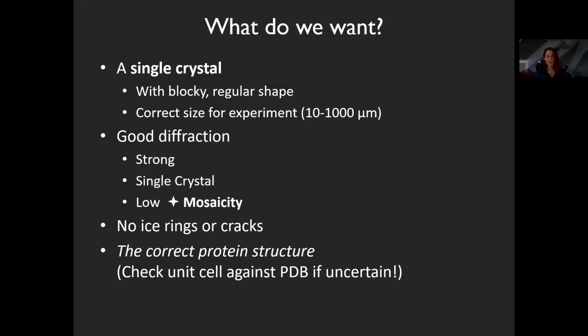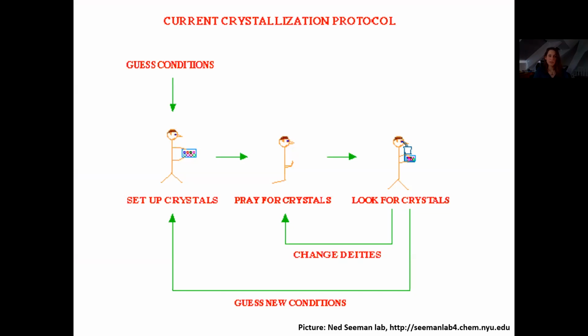You also can get salt crystals, but you recognize them usually already in the diffraction stage. So this is a comic that I found online from the Siemens lab, and it explains how crystallization works. You guess the conditions, you set up the crystals, you pray for crystals, look for crystals, you guess new conditions, you set up crystals, you pray for crystals, you look for crystals, you change DTT, which means you've changed your strategy.